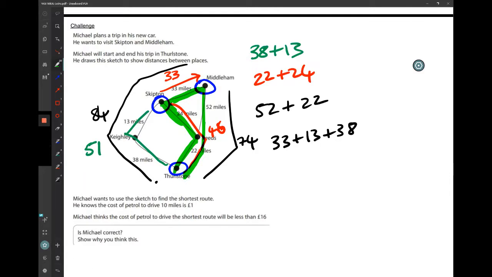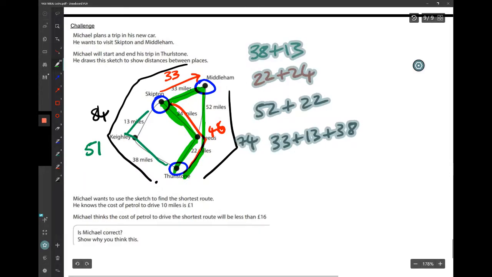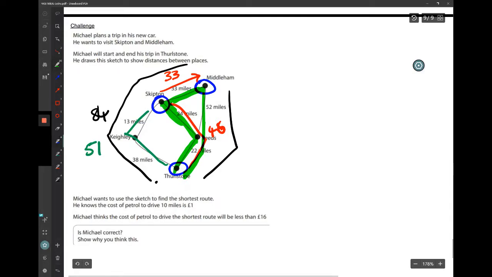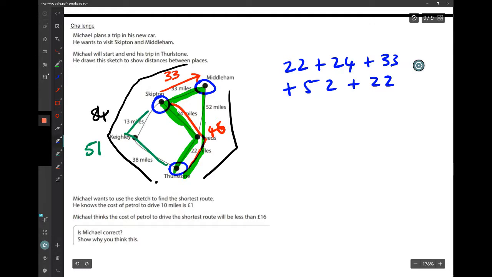So let's do all of this added up together. 22 plus 24 plus 33 plus 52 plus 22, you get 153 miles.